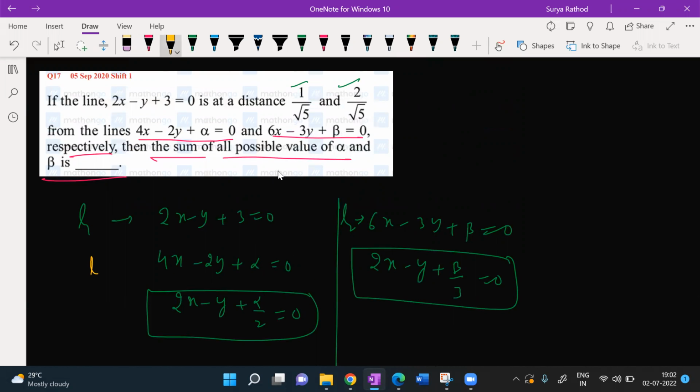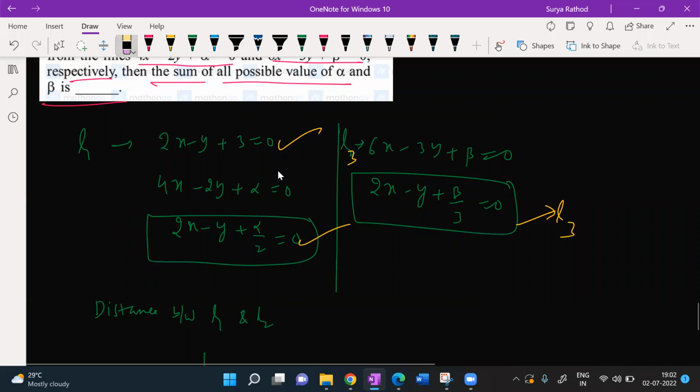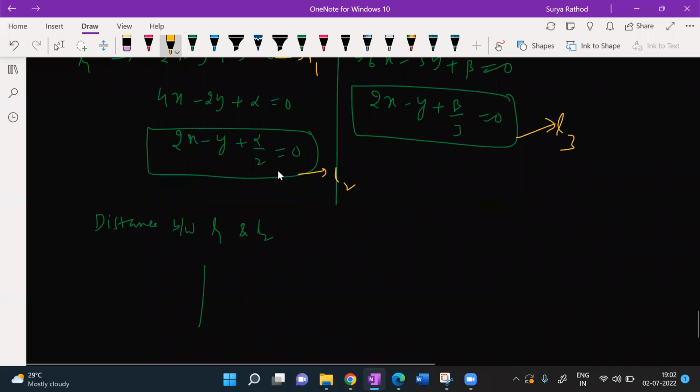This is line 1, this is line 2, this is line 3. Let me write here: this is L3, this is L2, this is L1. You just find the distance between L1 and L2.